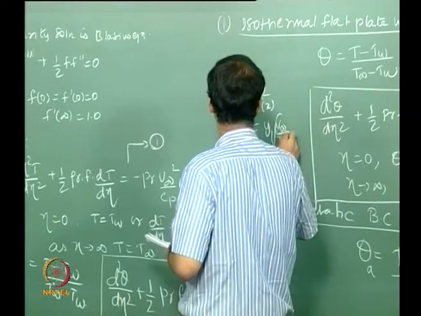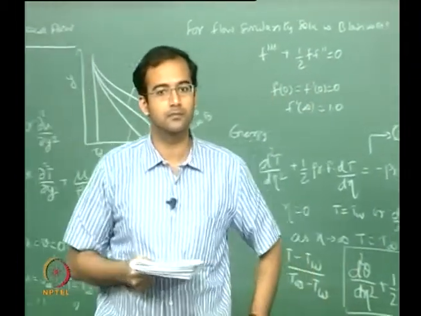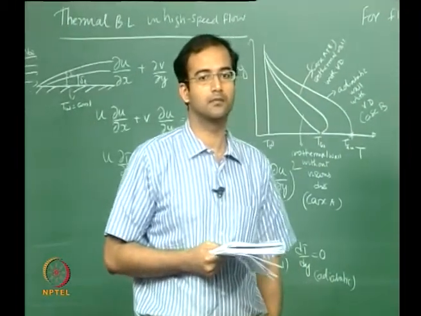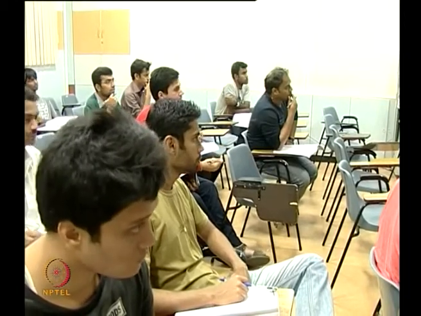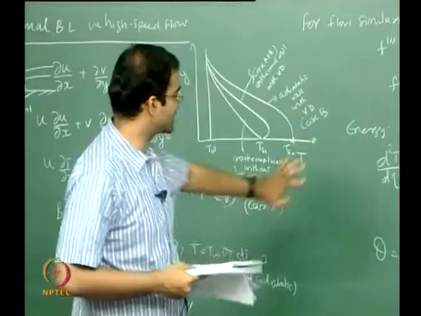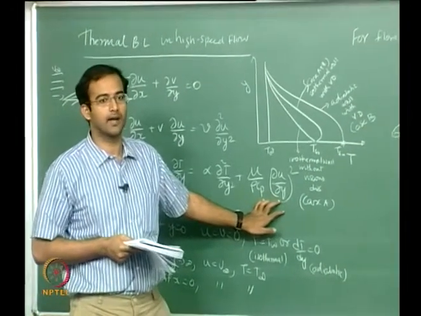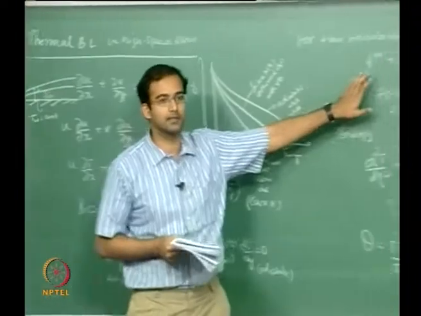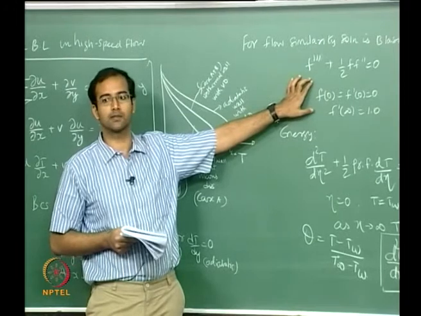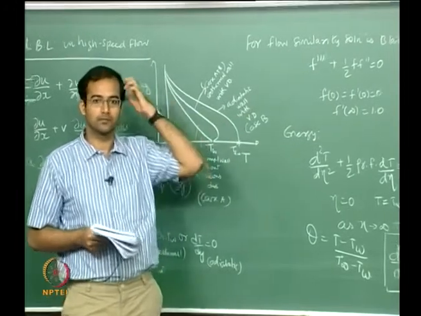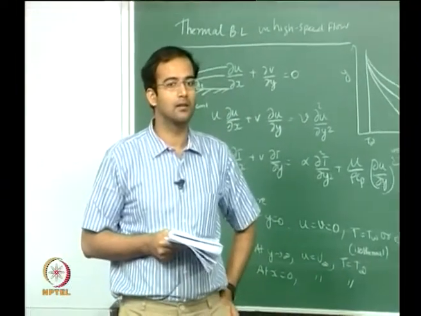That we can equate only because in that case we neglect the viscous dissipation? No, this is coming purely from momentum, that has nothing to do with viscous dissipation. Viscous dissipation is affecting only the energy. As I said, the momentum part is still your Blasius equation, so the same similarity variable is put into the energy equation. In the Ohlson case we considered that theta is equal to u by u infinity.